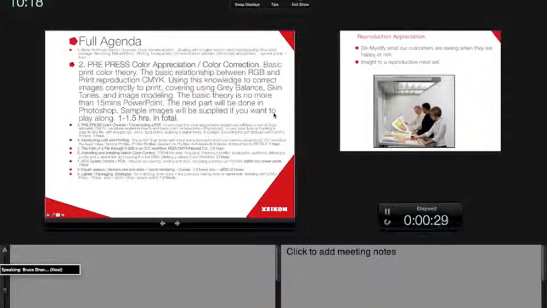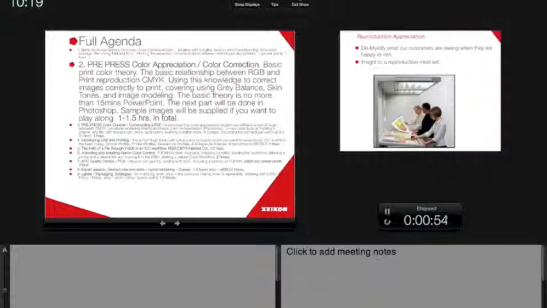Today's about colour appreciation. It's the second part of the agenda. We're going to have a look at the relationship between RGB and CMYK at a very basic level, and we're going to look at what we call grey balance. We can use this to correct an image.